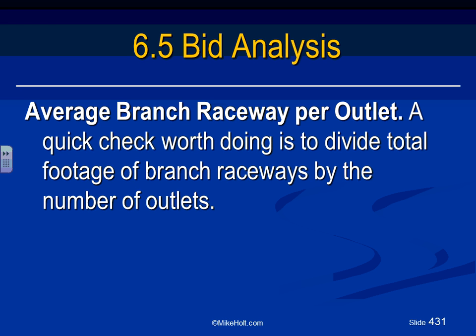Add all the outlets in your building. Add all the conduits in your building, total footage of the branch circuit. You divide the branch circuit conduits by the outlets, and that gets you a multiplier. That's one way of keeping track of how much conduit and wire each outlet is going to cost me.